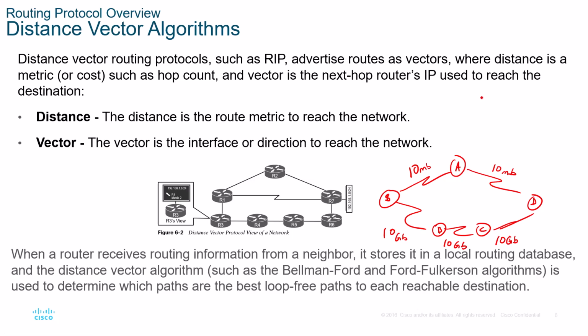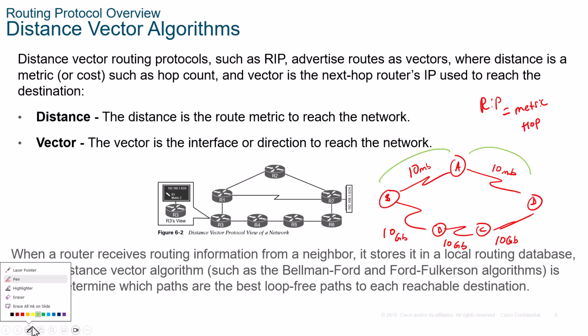Well, if RIP is being used and RIP's metric is hop count, the shortest hop count is going to win. So going from source to A to destination, that's only a hop count of 2, while below, we have 3 hops.